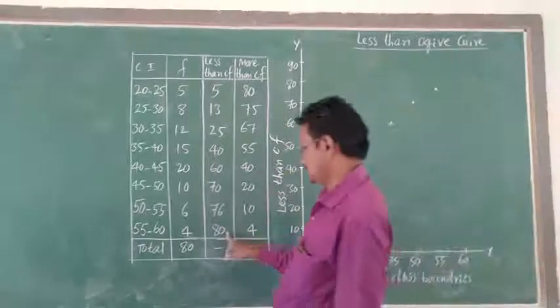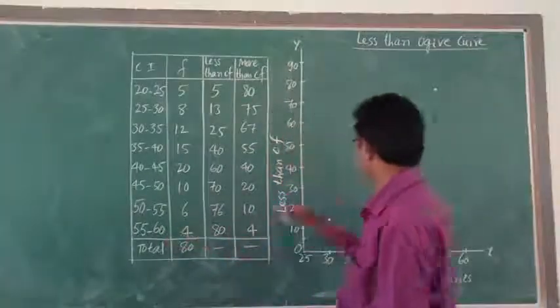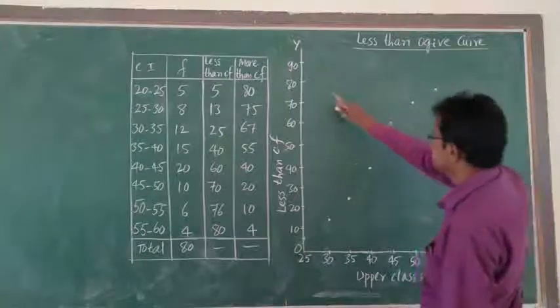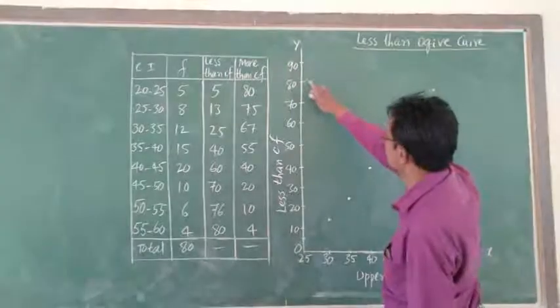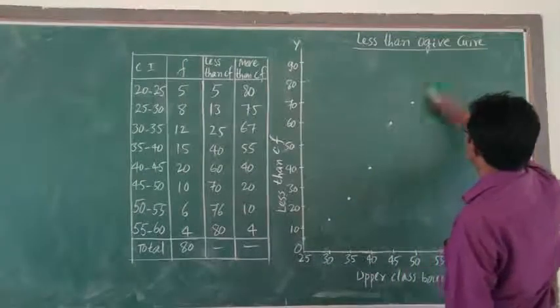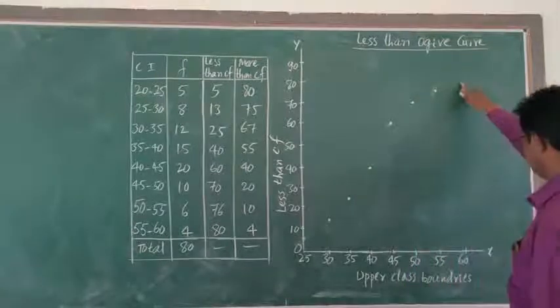Next is 80. For 80, less than CF is for 60 upper class boundary. Then 80.